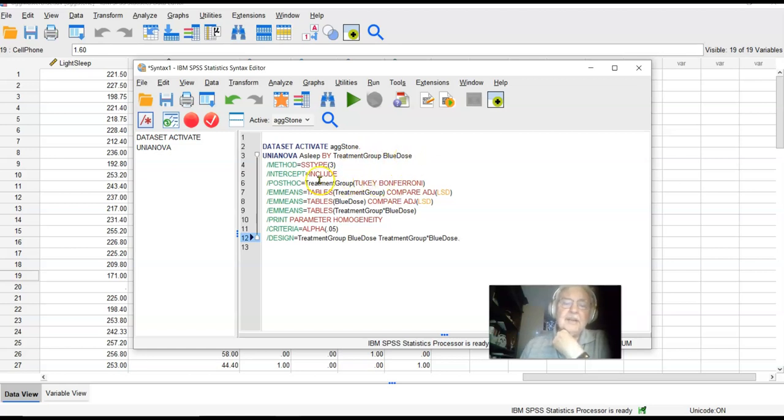It has the expected means for treatment group, the expected means for blue dose, and it will give us the expected means for treatment by blue dose, but it doesn't give us the statistics. So I'm going to write in compare. I want to compare treatment groups, and for an adjustment I want an LSD. And then let's run that.